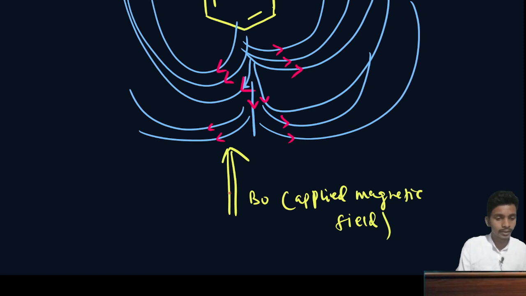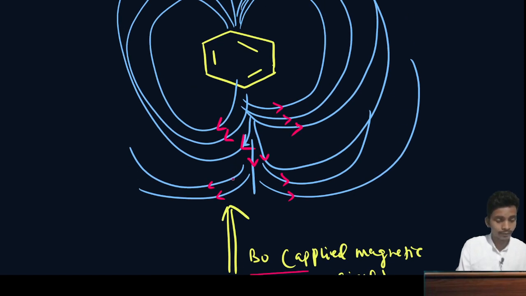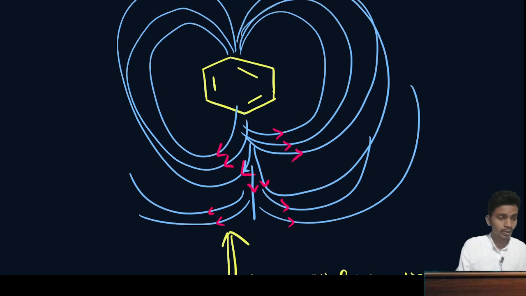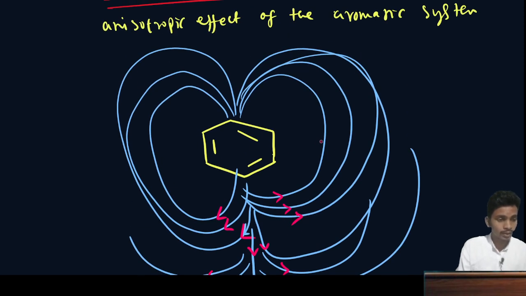So what we see is that the applied magnetic field and the induced magnetic field are opposite to each other. But whenever it is going to here, then at these points it is in the same direction.